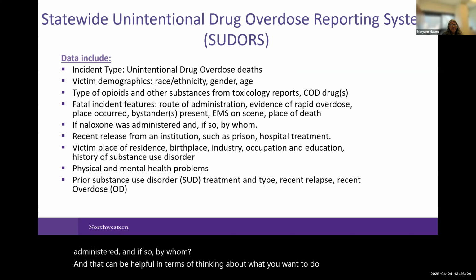Communities have been able to use these data to look at, going upstream, what can we do to prevent and intervene? And I highlighted this in particular because I know the local health departments do these needs assessments and I-plans, and these can be very helpful for those applications too.